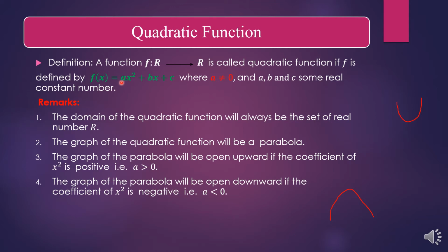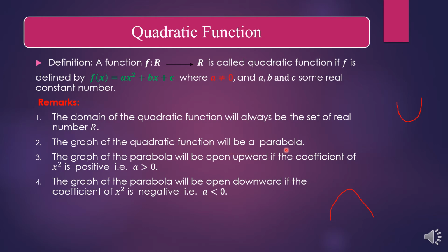So what are these remarks for these quadratic functions? Please listen to these remarks carefully once again and keep them in mind. Don't forget that the x square coefficient a should never be equal to 0.